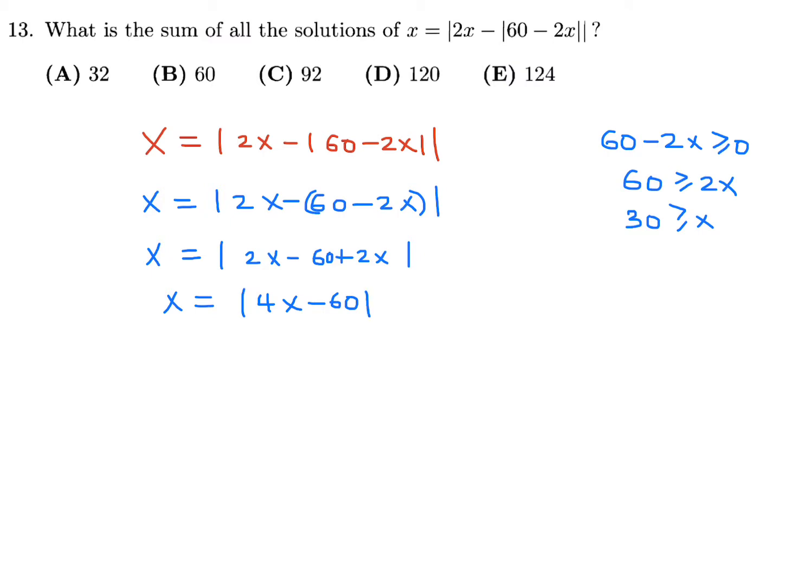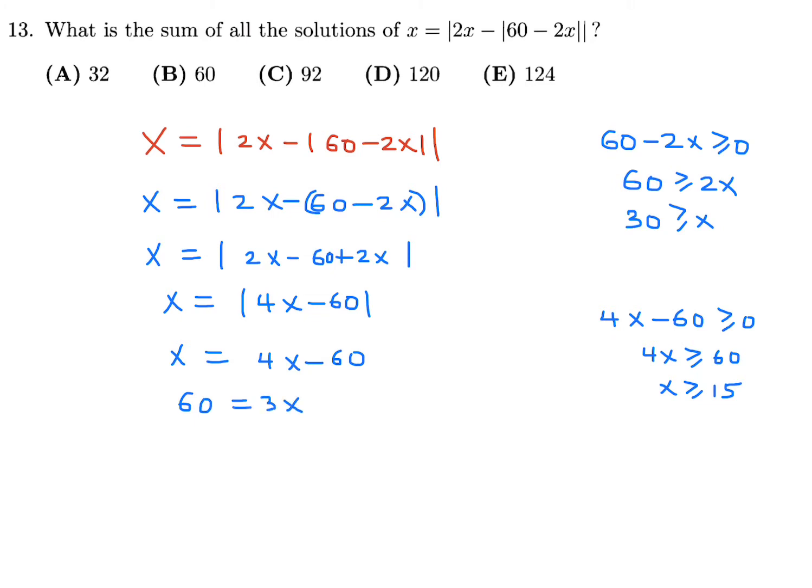Now to proceed, we have to let 4X minus 60 be greater than or equal to 0, and therefore 4X is greater than or equal to 60, therefore X is greater than or equal to 15. So if that is the case, we drop the absolute values again, and we get the following. Solving for X, we get 60 is equal to 3X, and therefore X is equal to 20.